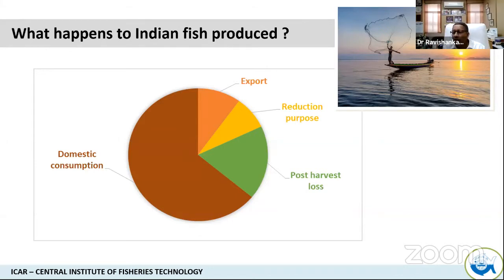We need fish meal for feed, but at the same time, we can't be diverting or downgrading high value fish into this. Because of this, people are trying to catch all the juveniles, and we are actually harming the next generation. The stock is getting affected. I think it's a very vicious circle. We need to address all this.